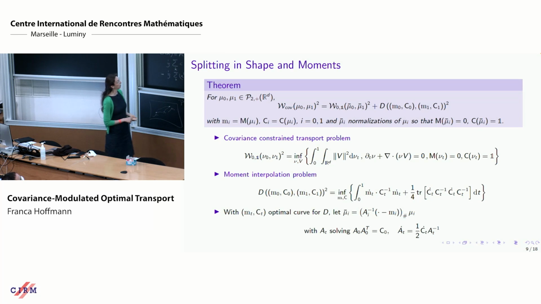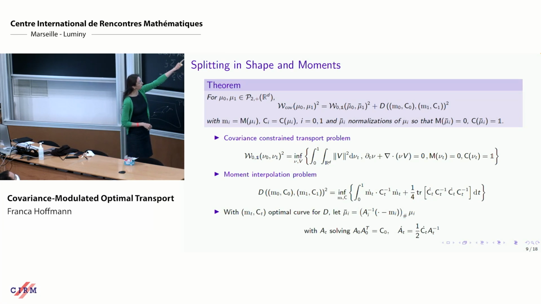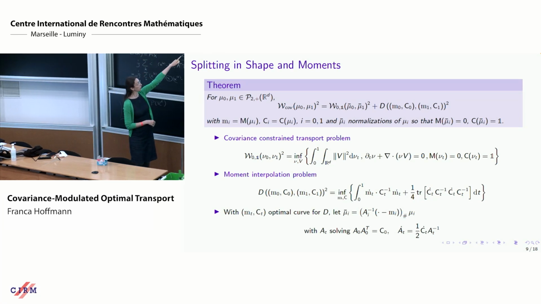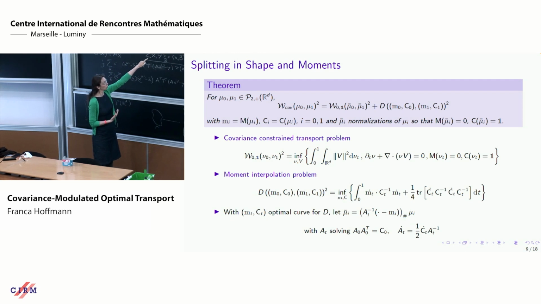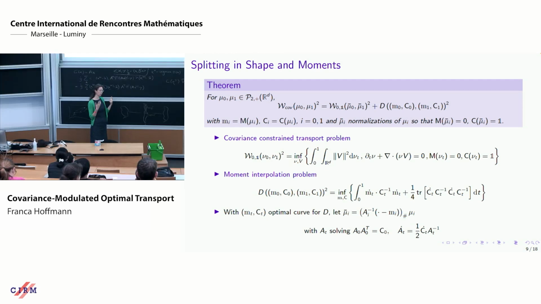So what I wrote down here, you could do for many different choices of A. A is the sort of square root of your covariance. And if I define a mu bar this way, then this is a normalization in the sense that it will have mean 0 and covariance identity.